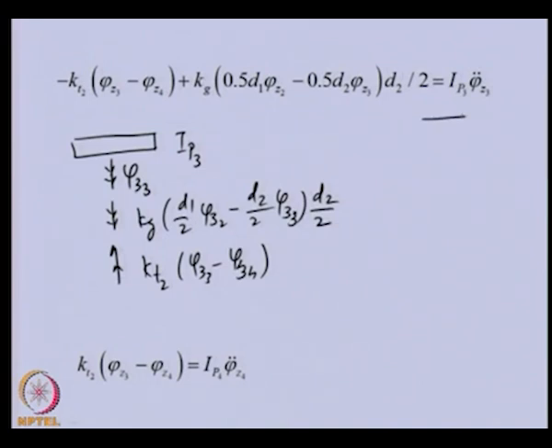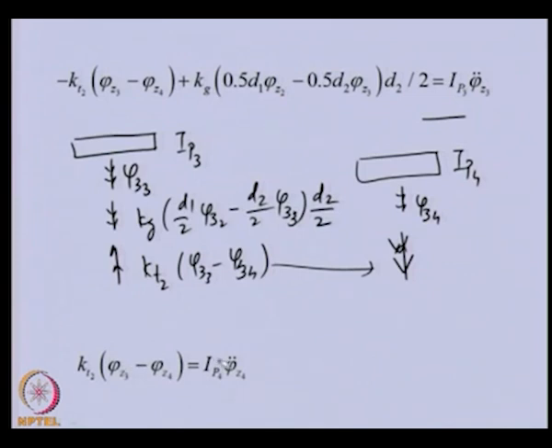Then the last disk having IP4, in this only one torque will be acting. The value of the torque will be this, but the direction will be opposite, while in this case they will be in the same direction.